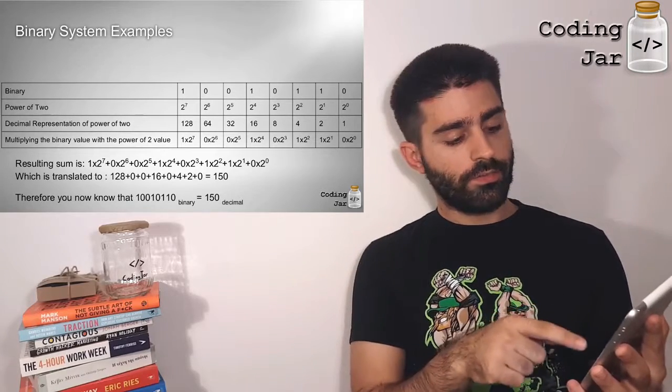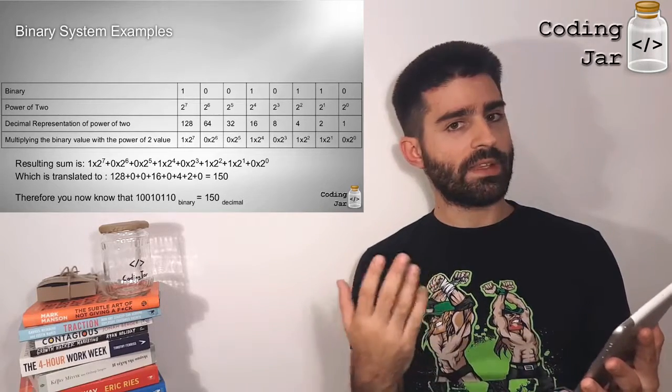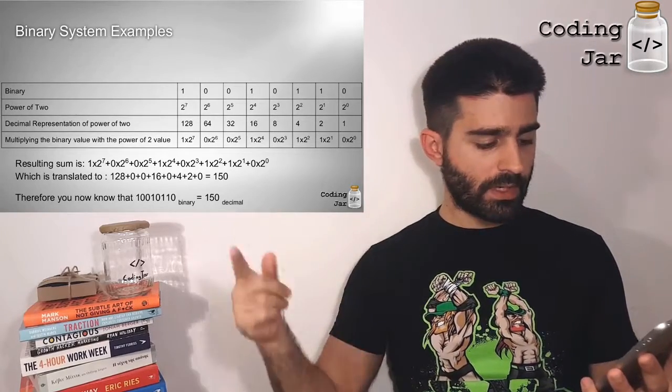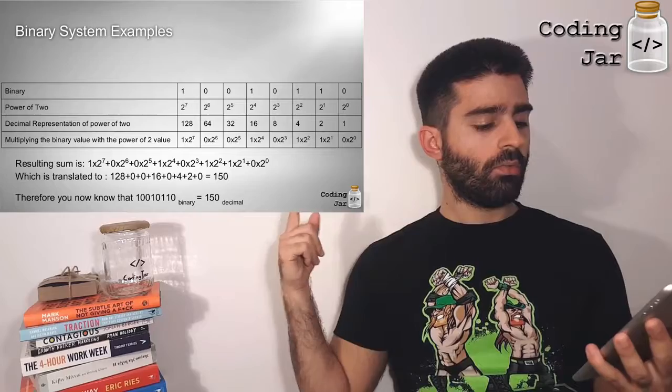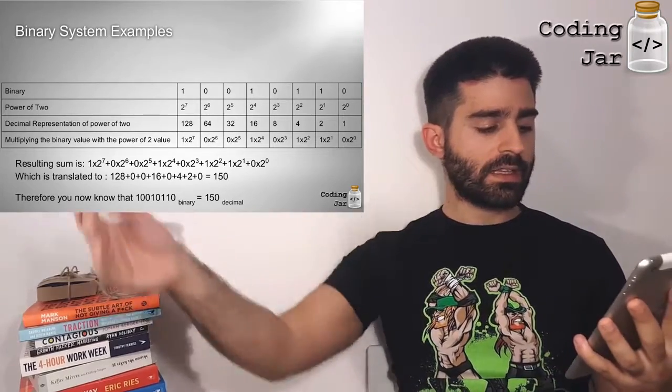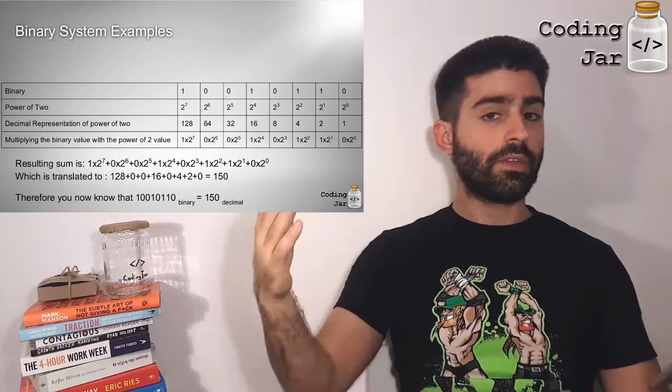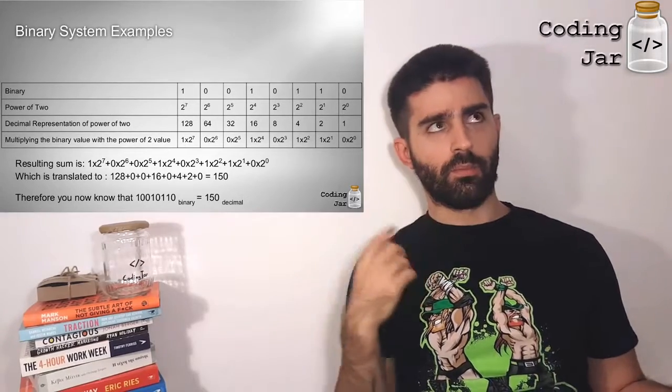Then all of these multiplications we add up to get the sum: 1 multiplied by 2 to the 7th power plus 0 multiplied by 2 to the 6th power, and so on, which translates to the sum below, which is 150 in our numeric system, the decimal.